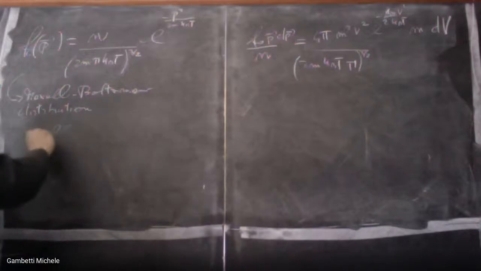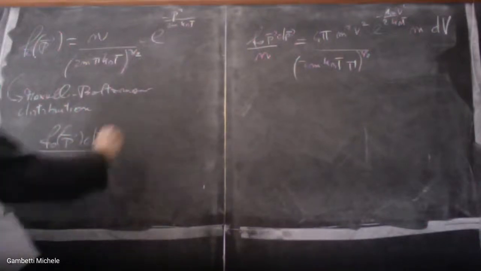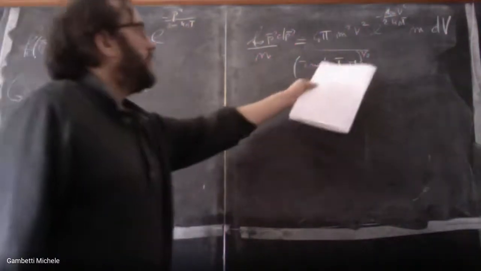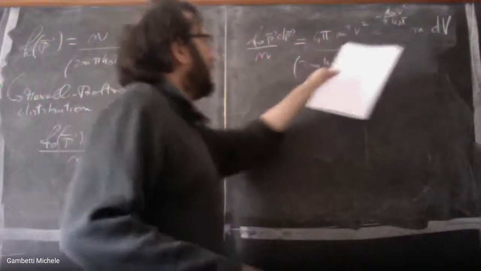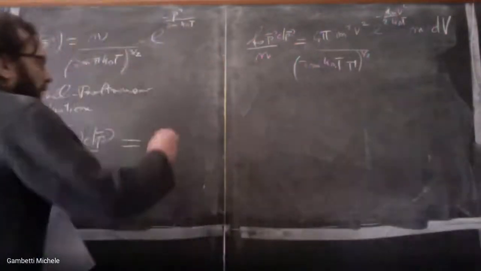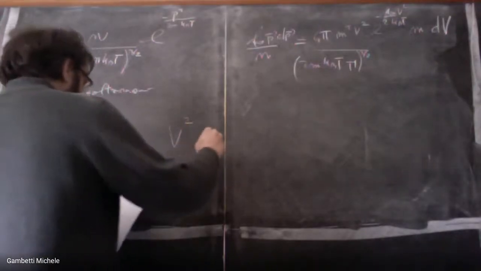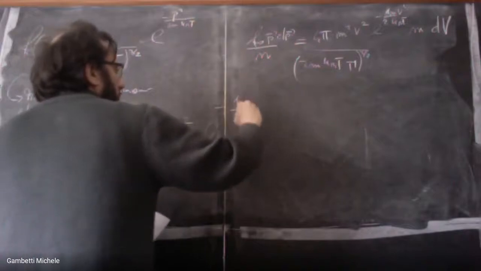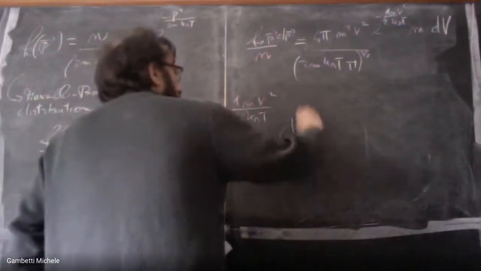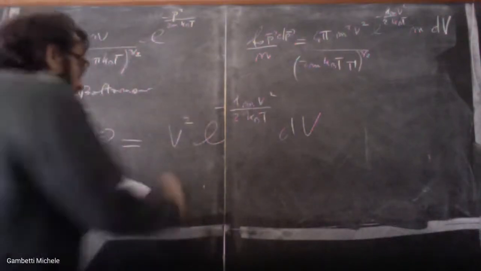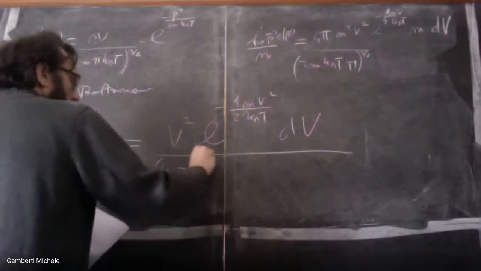So then this quantity, which is f0 p dp divided by n, is equal to, if you do the calculations, you can see that you can collect all the exponents of m, so at the end you will get the typical form of the Maxwell-Boltzmann distribution of velocity, which is v squared e to the minus 1/2 m v squared divided by kT, and we have a dv, of course, and then I have a factor here that is kT to the power 3/2.